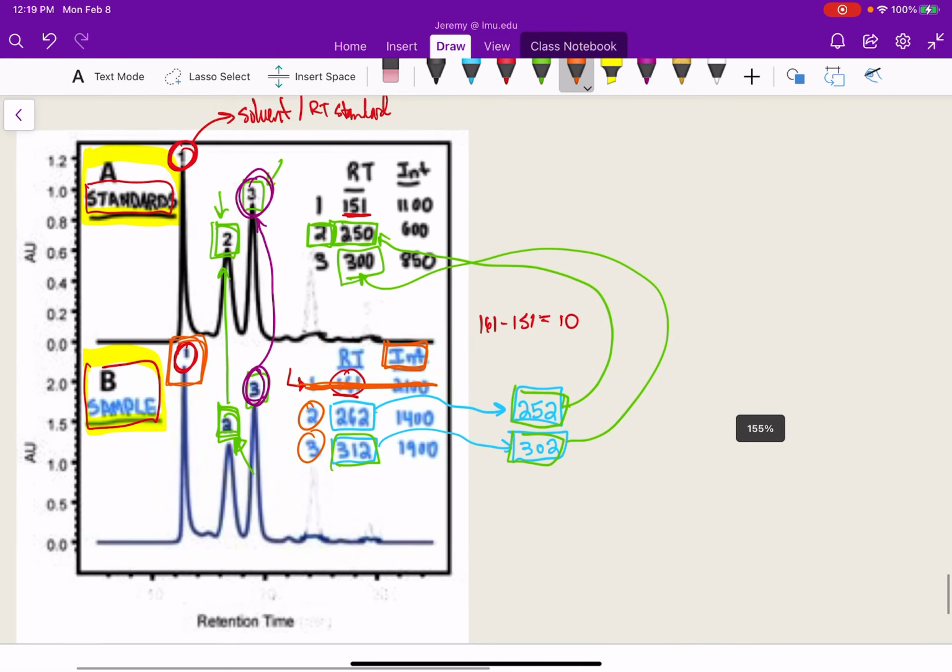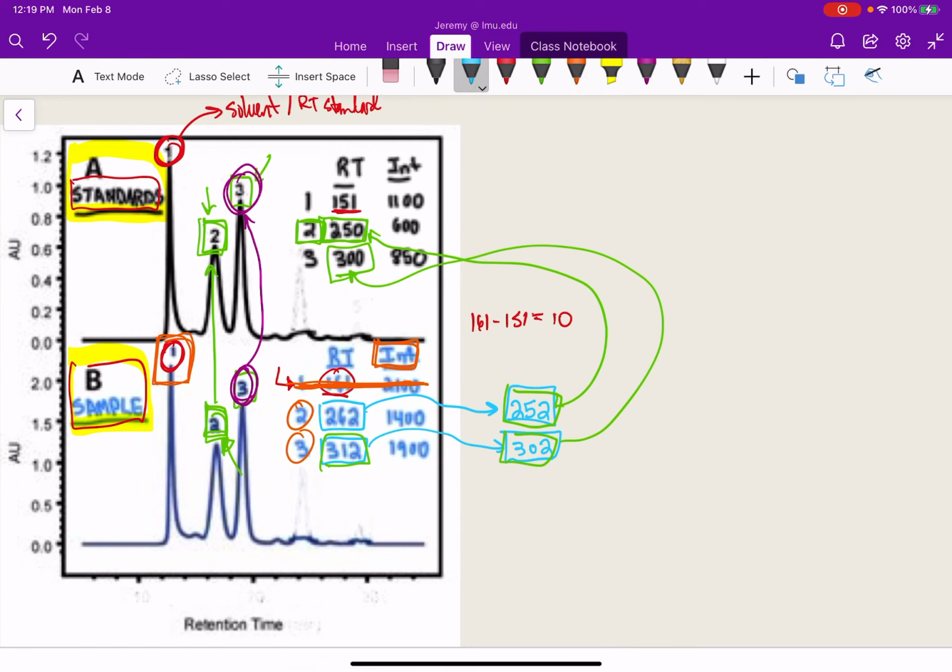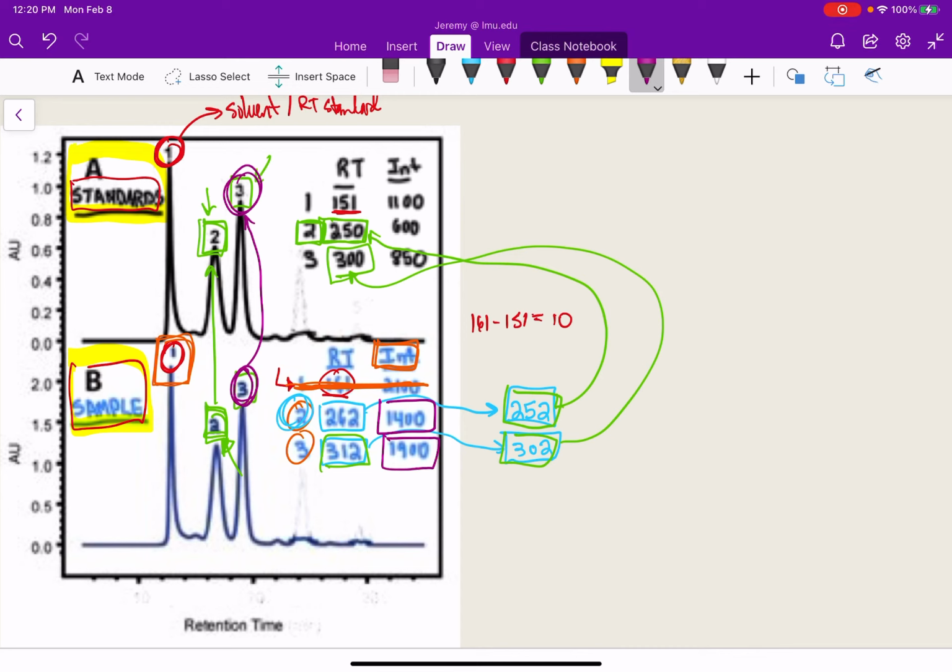So if I want to calculate the percent composition of compound 2, which I think we theoretically said was butanol or something, you need to take our area of 1400 divided by the total area. So that percent would equal 1400 divided by 1400 plus 1900. You need to divide that by the total area. If there were 3 compounds, we would divide it by the area of those 3 compounds.